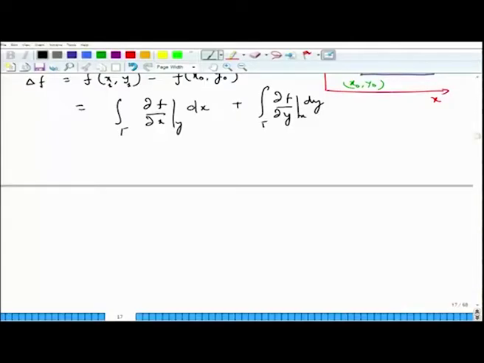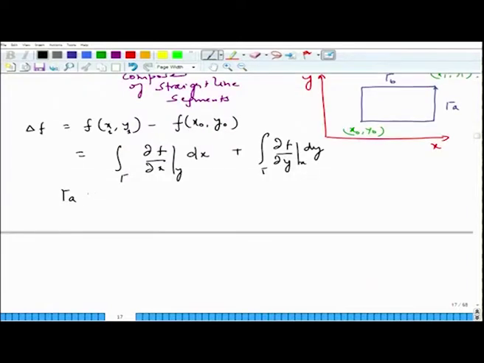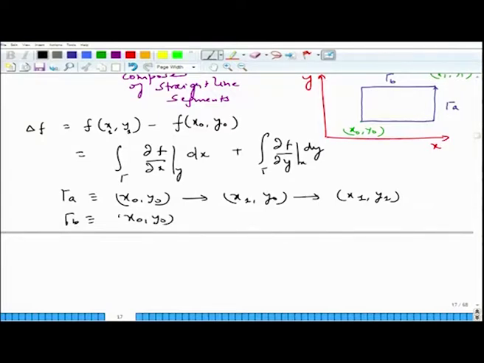Okay, so let me consider this path A. This will be (x0, y0) to (x1, y0), and finally (x1, y1), and path B is going to be (x0, y0) to (x0, y1) to (x1, y1).